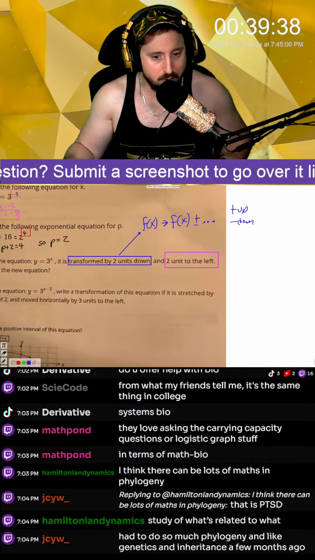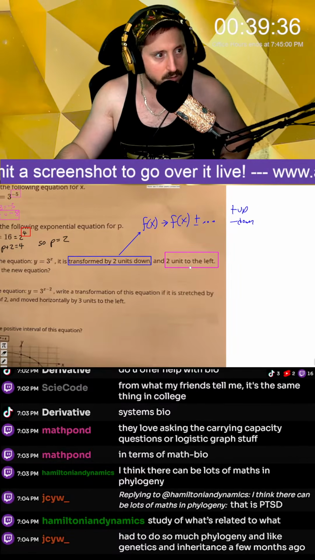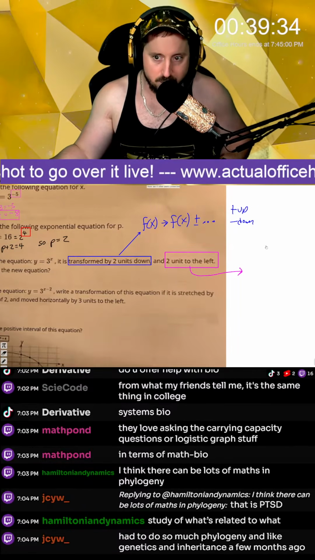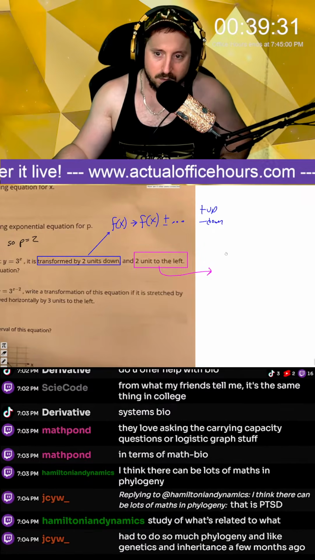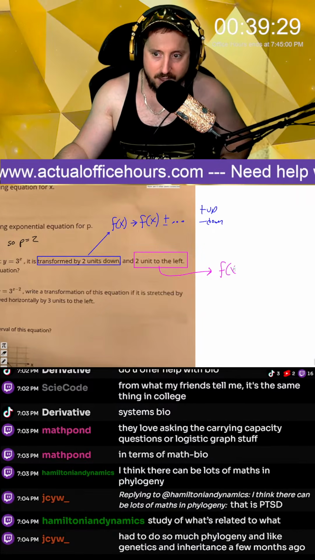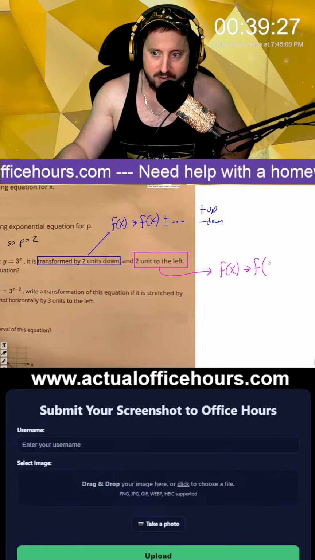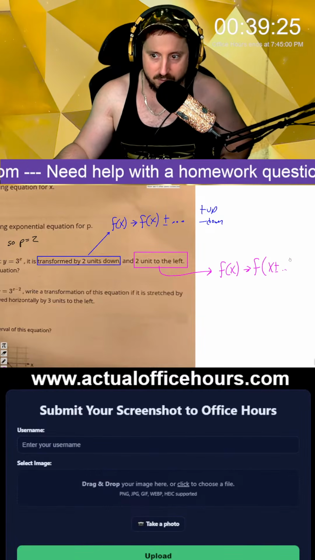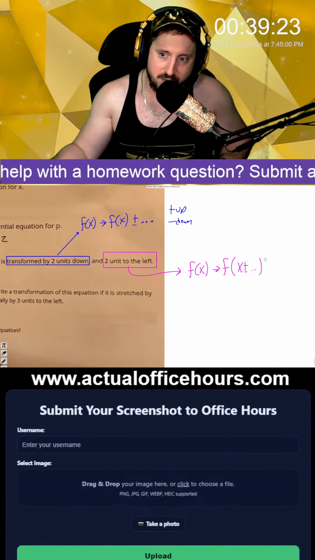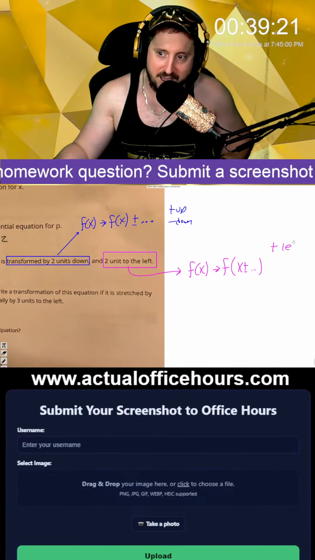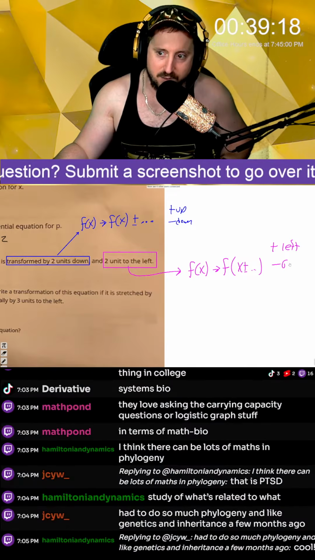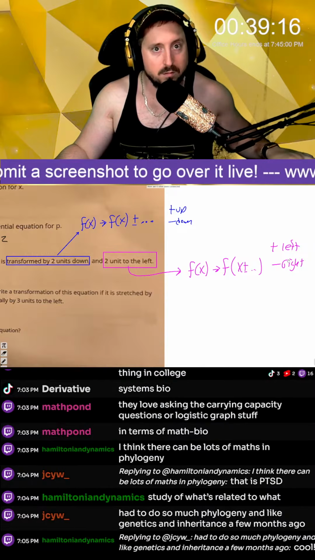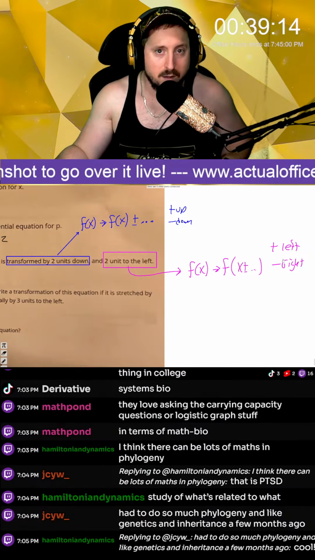And then if you're doing left-right transformations, these are different. Sorry for the lighting, it's okay. This is f of x becomes f of x plus or minus something inside. And in this case, plus is to the left, minus is to the right. It's opposite.